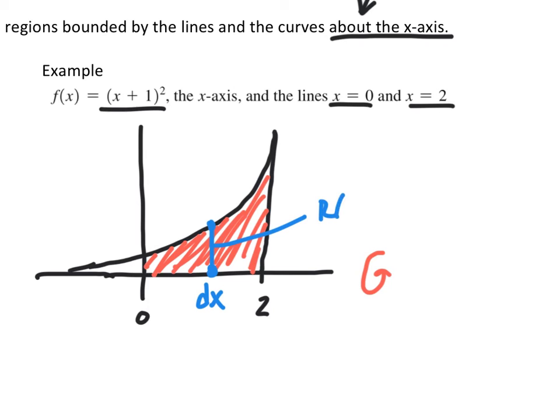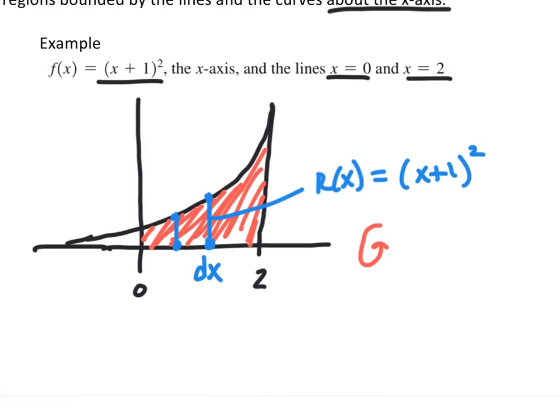And I'm going to call that r of x. And so r of x is equal to the distance from my function to my axis of revolution. All right, and that's just the function, the quantity (x plus 1) squared, okay? And that's the same for any slice that we do, okay?